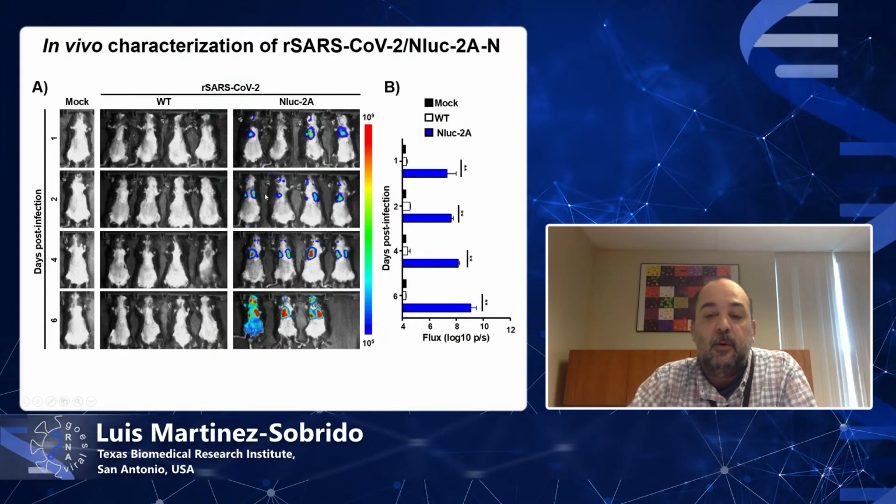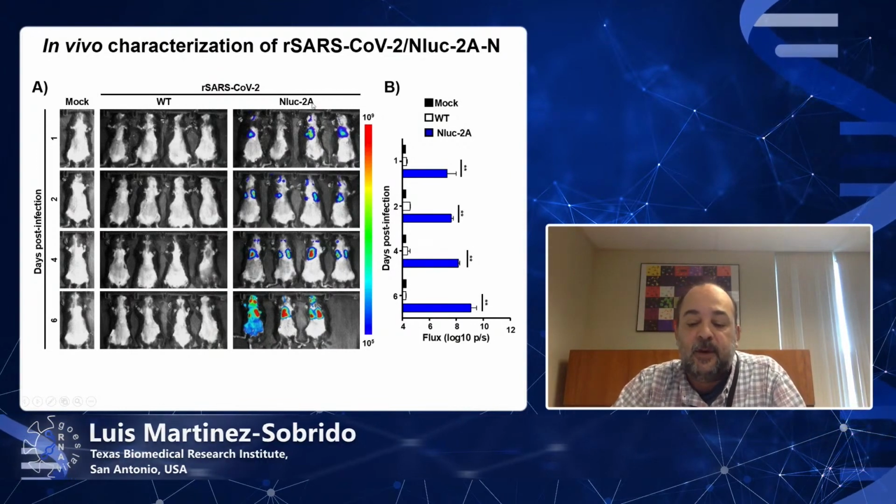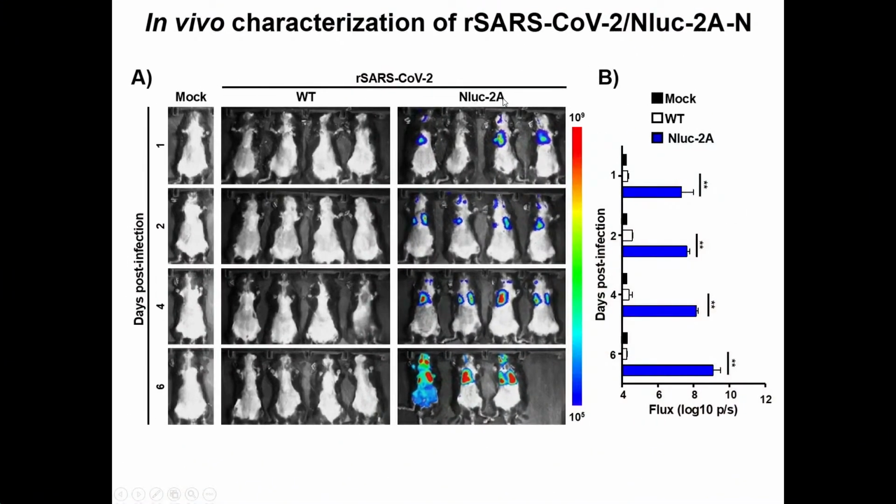As you can see here, we were able to nicely detect the expression of nanoluciferase, in this case using the entire mouse, at all the days post-infection, except for day 6, because one of the mice already died from infection with this reporter virus expressing nanoluciferase.